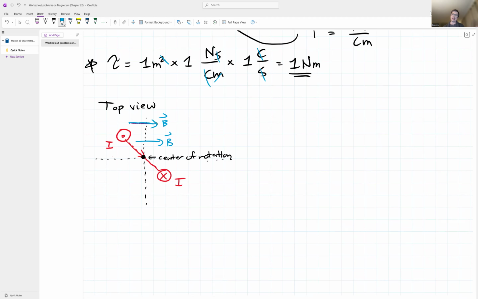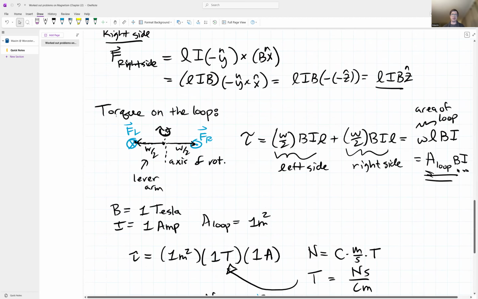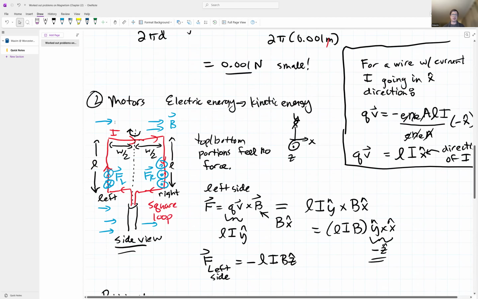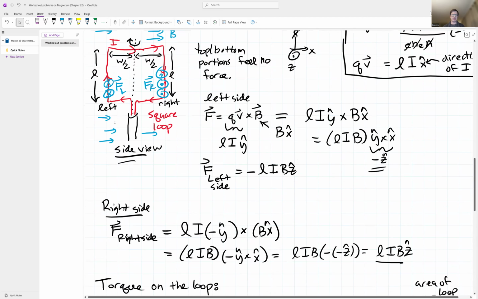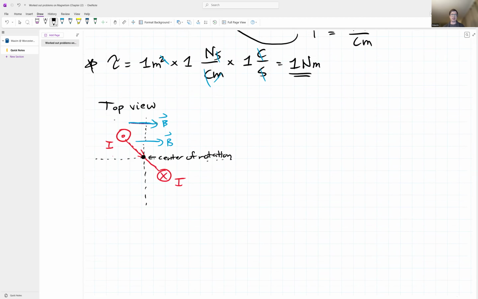A force on that top and bottom isn't going to influence the rotation. We only really care about the forces on these two, the left and right, because the whole thing is sort of rotating around. Let's see, I want to make sure I get the orientation right of the rotation. So the force is going into the board. So if we're looking from the top view, I guess it's rotating this way, like that.